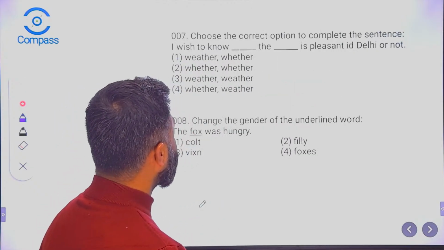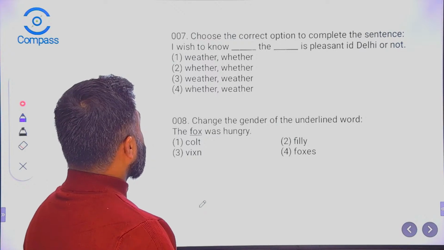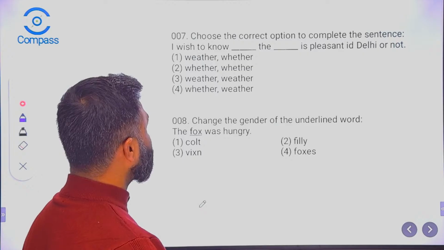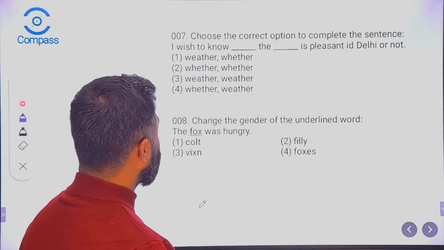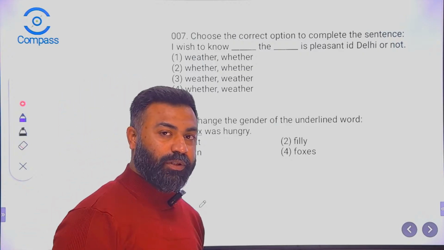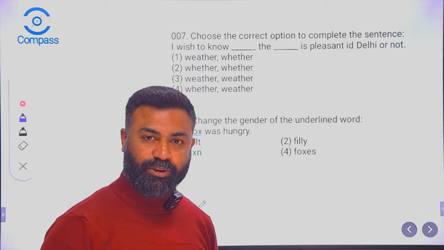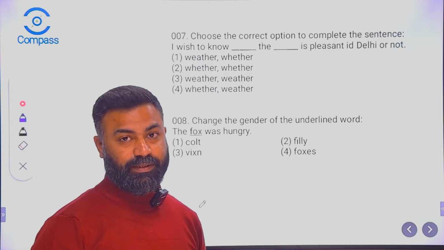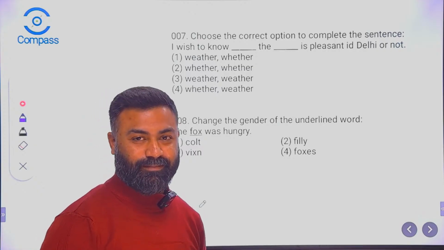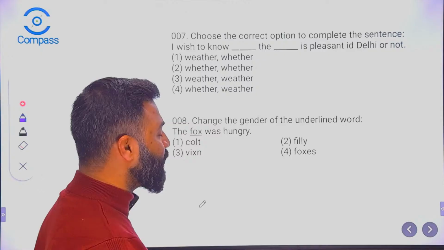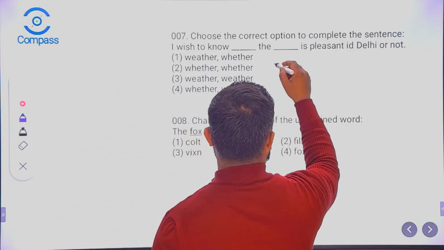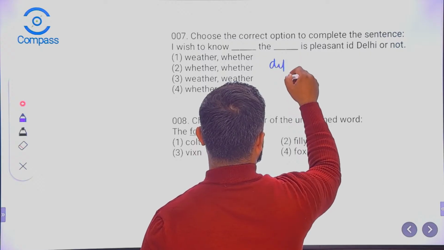Okay, so let's go back. We have to choose the correct option to complete the sentence. We have the words with the same pronunciation, different spellings, and different meanings. What do you call them? That also comes in your vocabulary part.